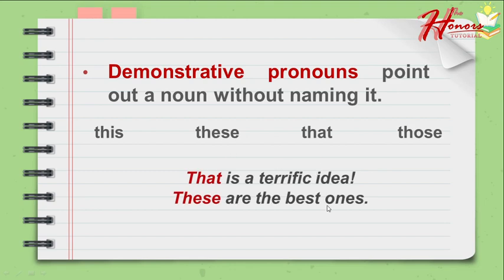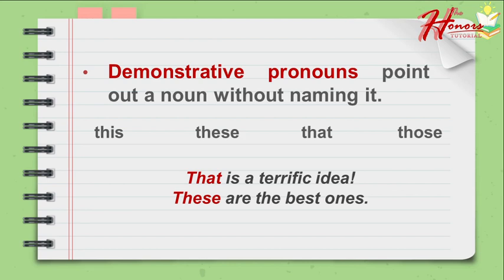Now, let's try to use this in sentences. That is a terrific idea. The demonstrative pronoun in the sentence is that, and it is referring to a noun without naming it. Another example, these are the best ones. The demonstrative pronoun in the sentence is the word these. But take note, when you are using a demonstrative pronoun, you need to identify also if it is singular or plural.